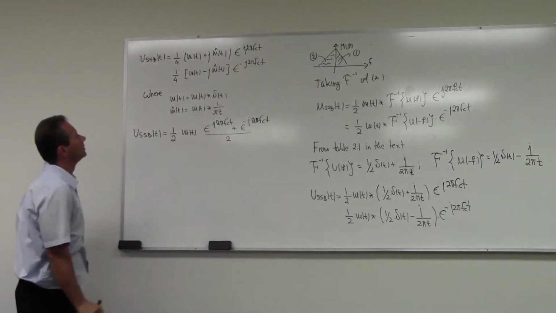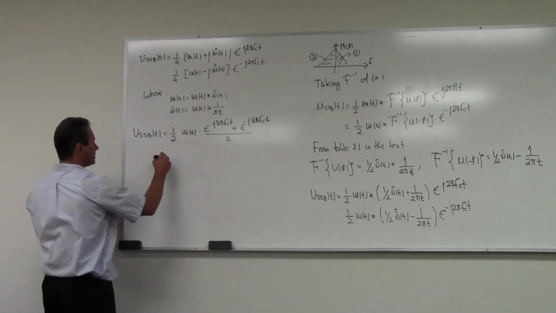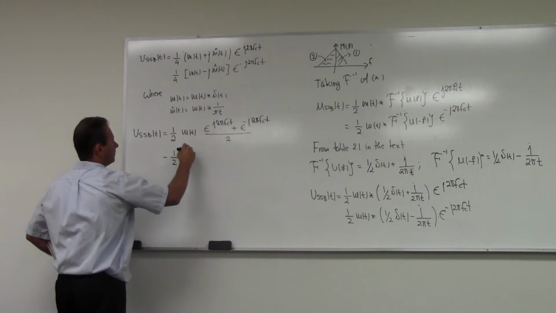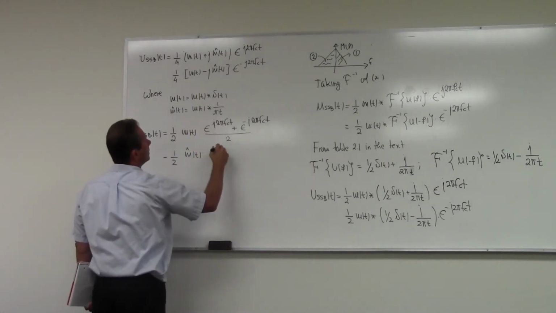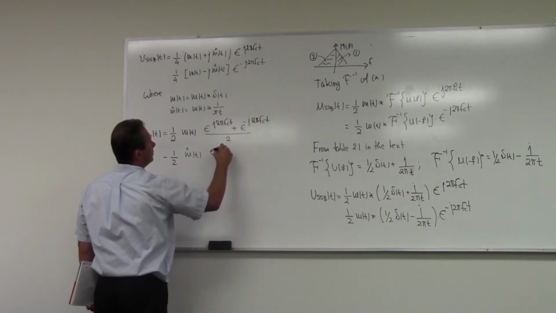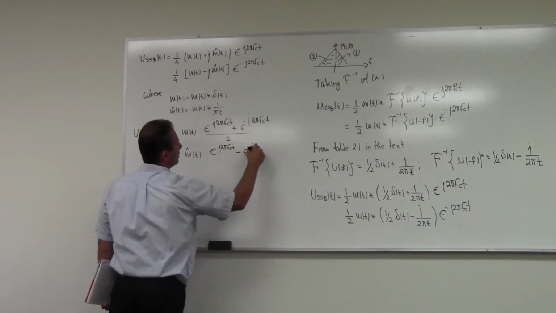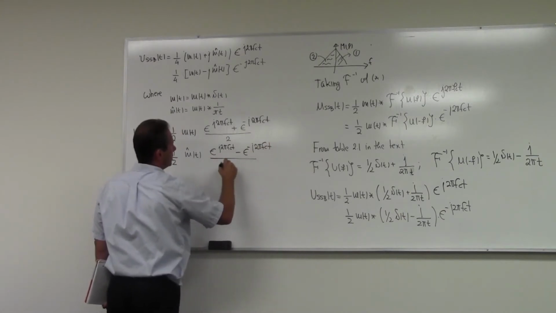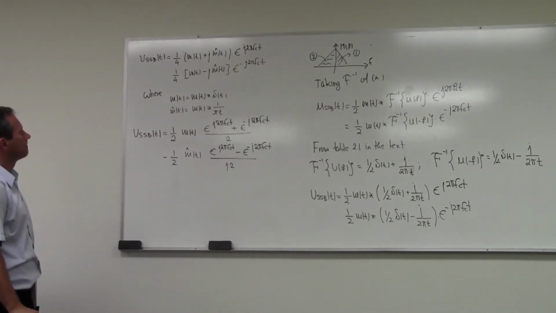So that's the first guy. And then I can say minus 1/2 m hat of t. And then from the first one I have a positive e to the j 2 pi fct minus e to the minus j 2 pi fct, divided by j 2.